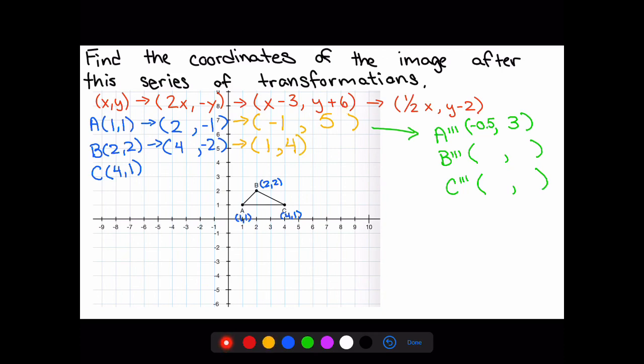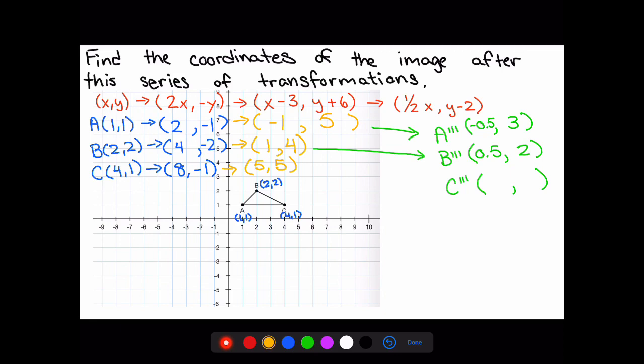Move into our final transformation. Take my x value, multiply it by 1/2. 1 times 1/2 is 0.5. 4 minus 2 will just give me 2. Then my final point is point C. This will give me 8, negative 1. This will give me 5, 5.